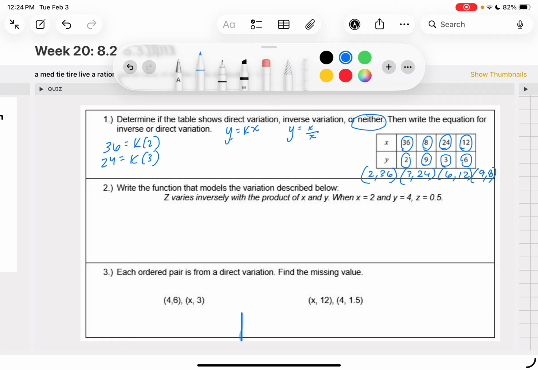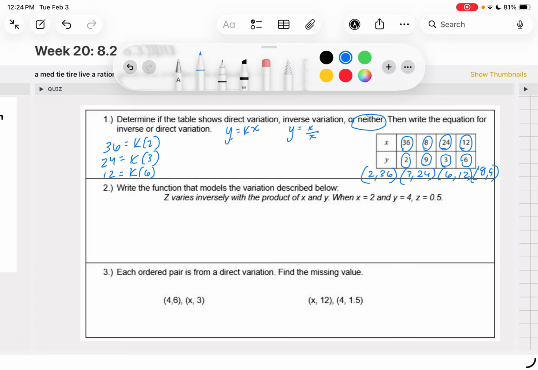For the next one, I would have 12 equals k times 6. And then for that last one, for 8 and 9, oh, you know what? I wrote that backwards. This should be 8, 9. Okay, sorry about that. So for that last one, I would have 9 equals k times 8.